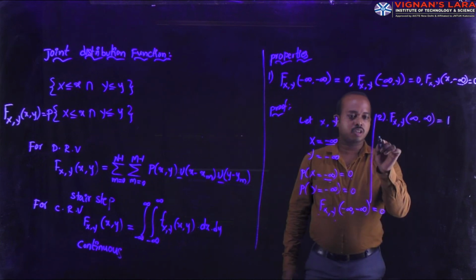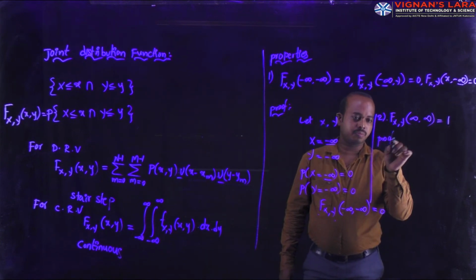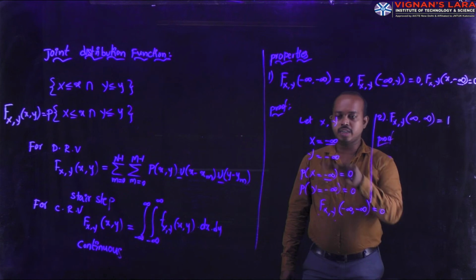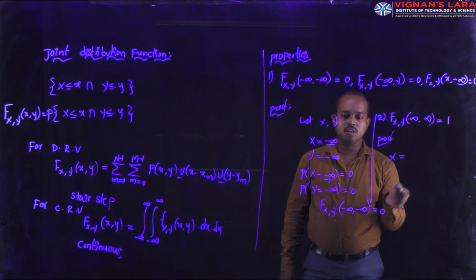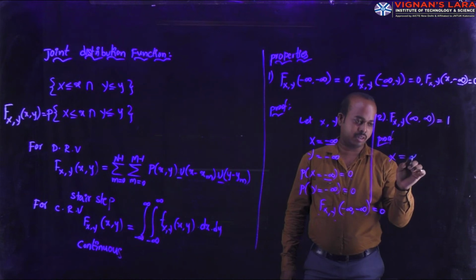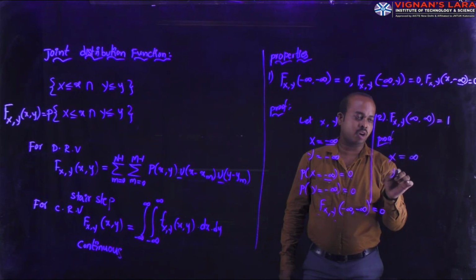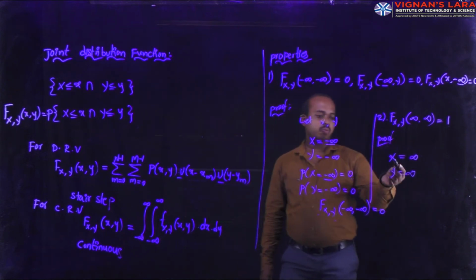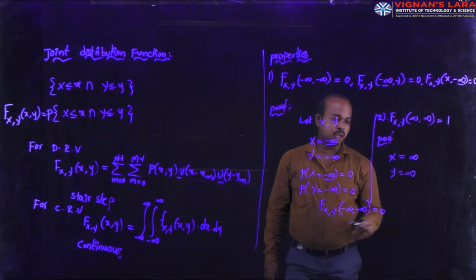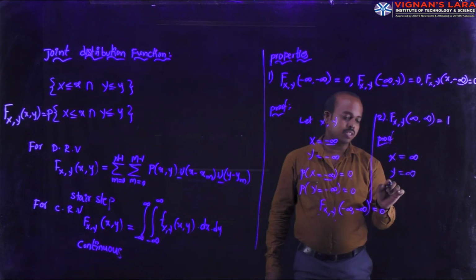Here you can prove this. Just take the conditions you considered in the first property. The same applies, but neglect the sign of infinity. The x value is infinity and the y value is infinity. Here X and Y are both random variables, so you can apply the probability on these values.